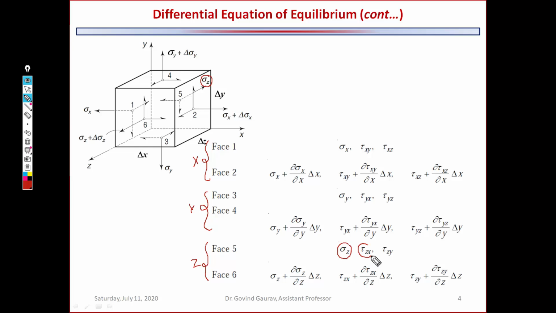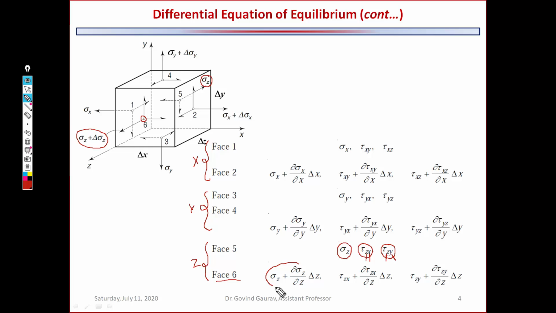Tau xz is the shearing stress acting on the z plane directed in the x direction, and tau zy is the shearing stress acting on the z plane directed in the y direction. Similar to this, on the opposite phase, which is phase 6, again it will be subjected to one value of the normal stress, which is sigma z plus delta sigma z.